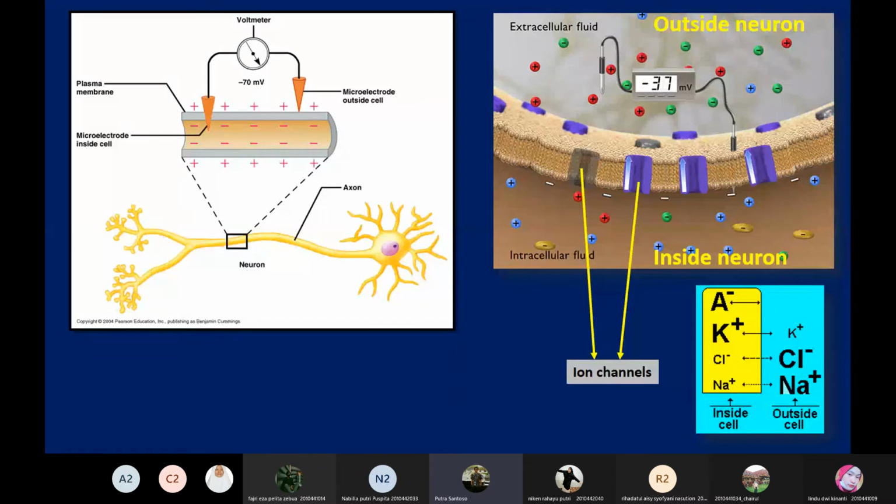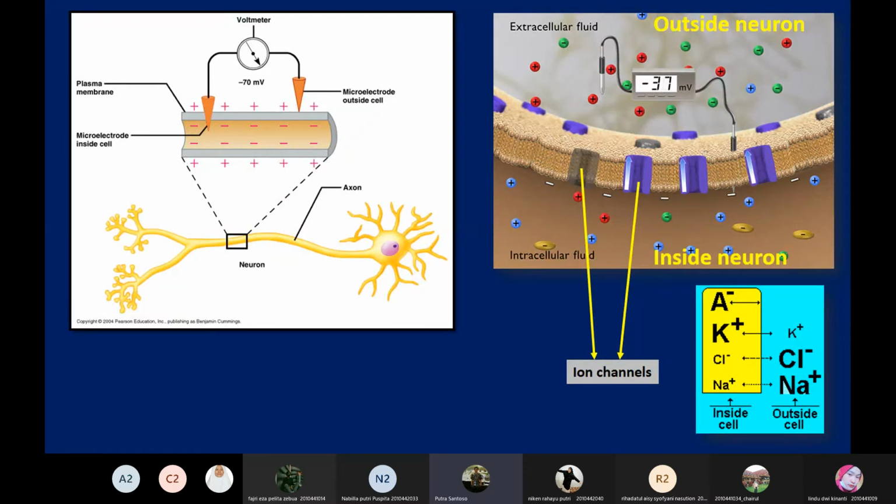Jadi ada pertukaran ion-ion melalui membran dari sel saraf kita itu, dari dalam sel keluar sel dan sebaliknya gitu ya. And because of this mobility of the ions, it will generate the electricity in very short moments, and therefore our neurons have a very strong capability in generating electricity.